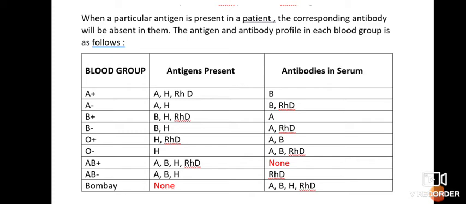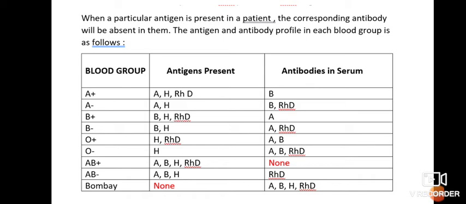Now coming to the B blood group, similarly B positive will have B, H and RhD antigen, and B negative will have B and H antigen. Likewise O positive will have only H antigen and RhD antigen, and O negative people will contain only H antigen. And AB positive, which most of us know, has A, B, H and RhD antigens, and AB negative has A, B and H antigens only.